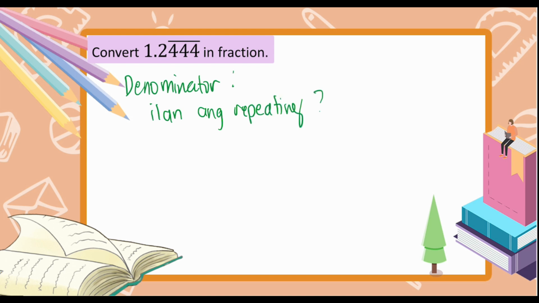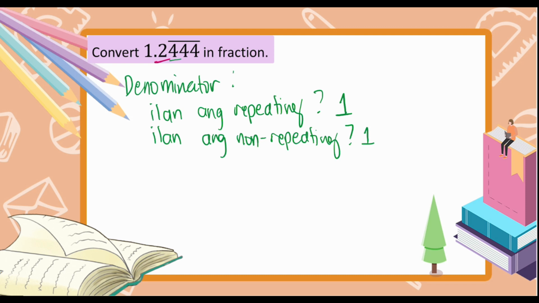So, ang repeating lang natin dito is 4. Therefore, meron lamang tayong isang repeating digit. Now, the next question is, ilan ang non-repeating? Yung non-repeating is yung hindi nauulit na digit. So, ang hindi natin nauulit na digit here is 2.